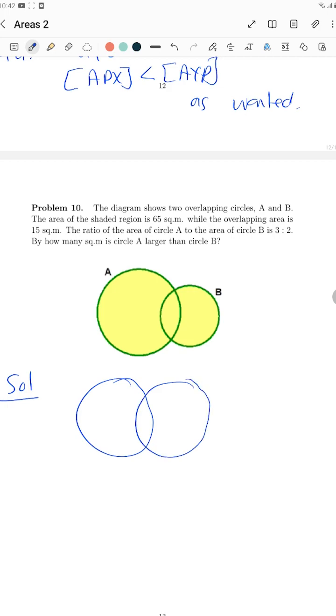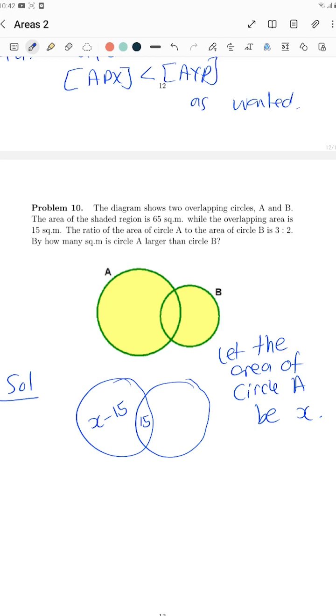So I am going to say, let the area of circle A be X. So if the overlapping area is 15, then for the area of circle A to have a total of X, this part has got to be X minus 15. We are told that the total is 65.